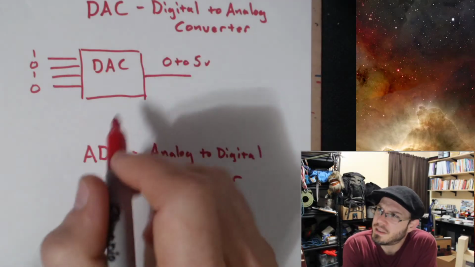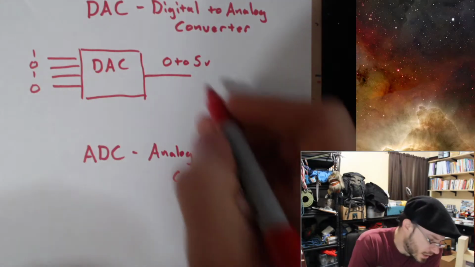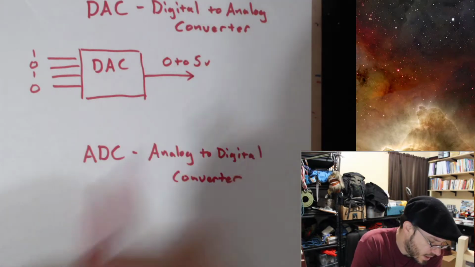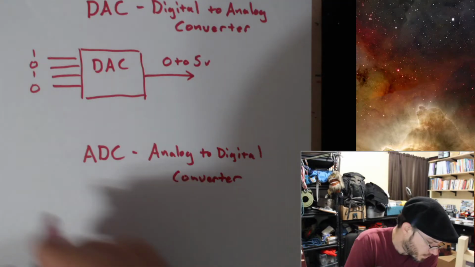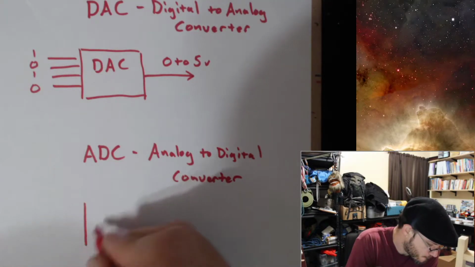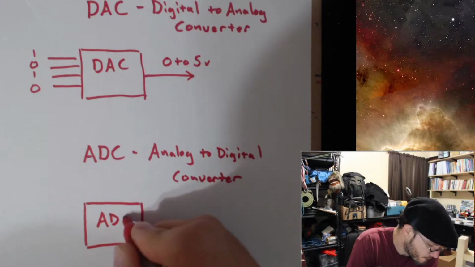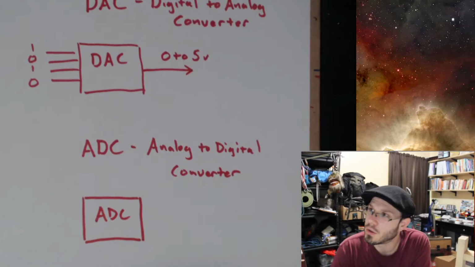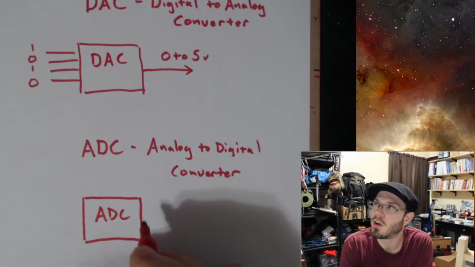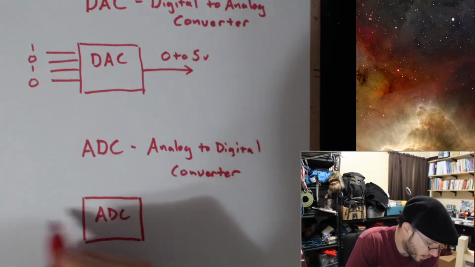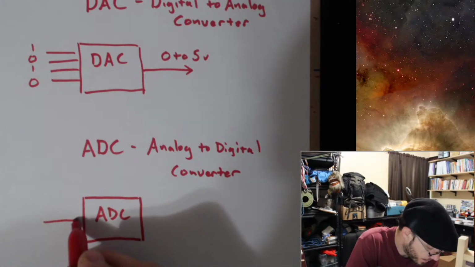And kind of the opposite function, if you think about the data direction going in this way, your analog to digital converter converts an analog voltage into a digital value.